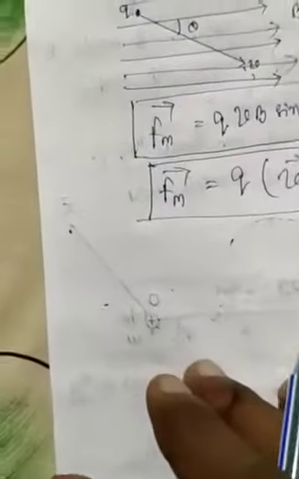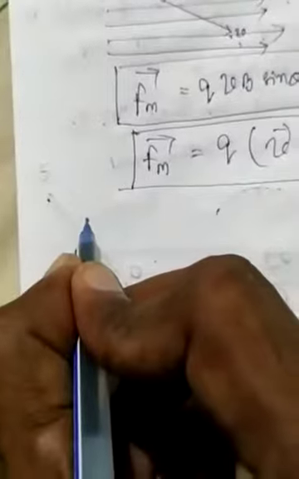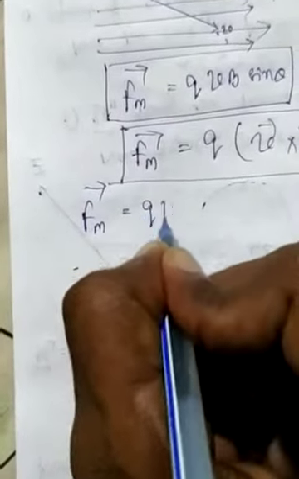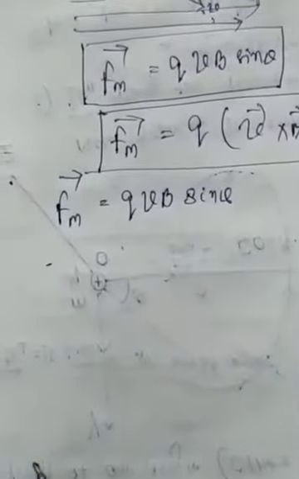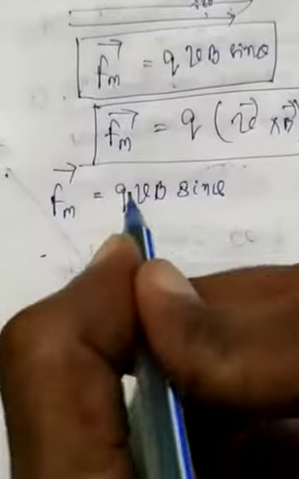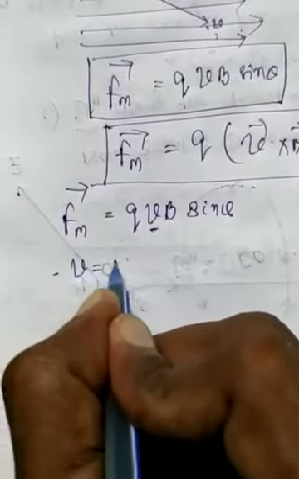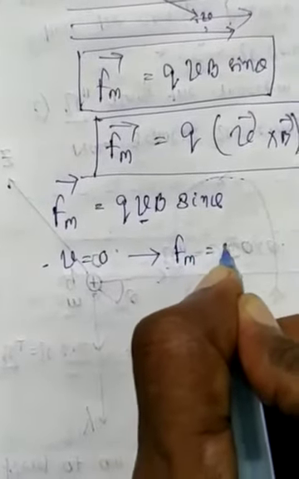Now, what happens in this case? You see, as we know, Fm is equal to QVB sin theta. So my dear students, if V is equal to 0, then automatically the magnetic force will be 0.